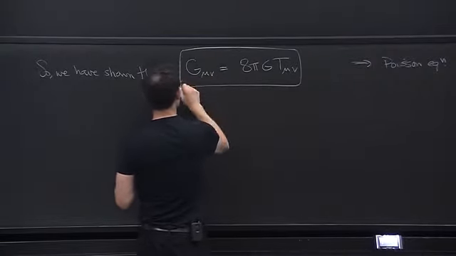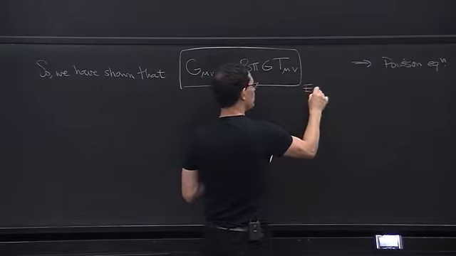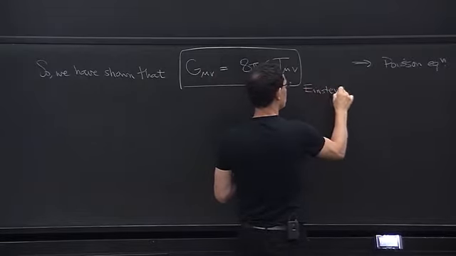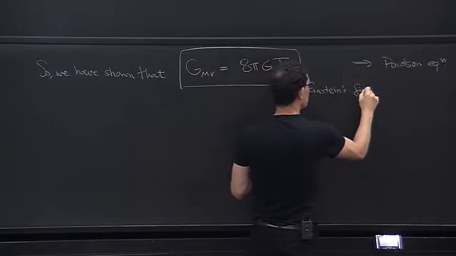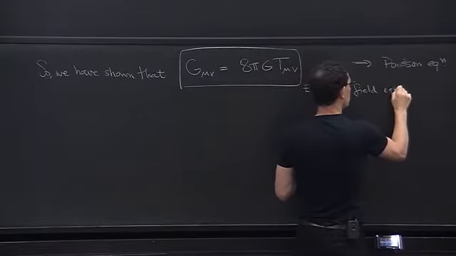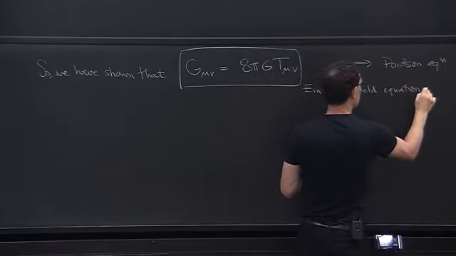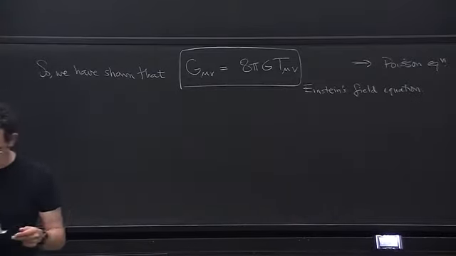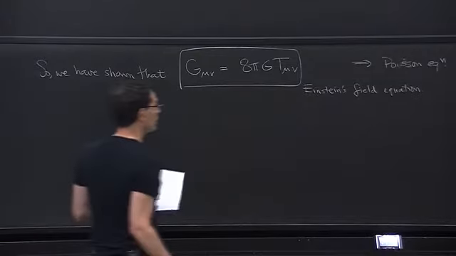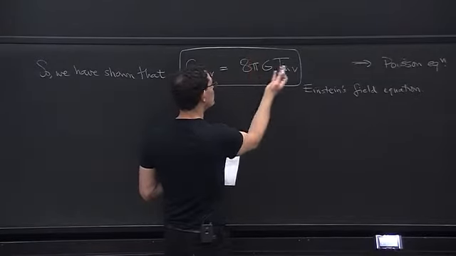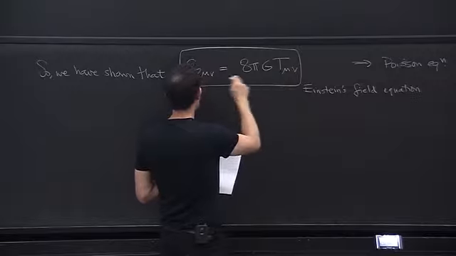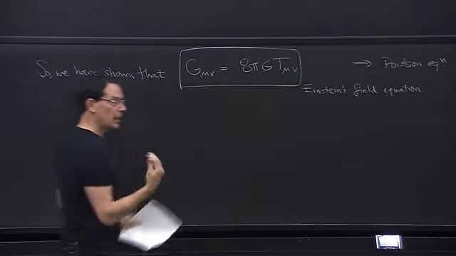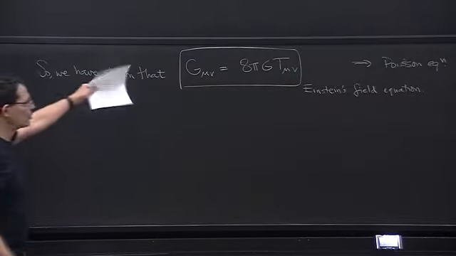Okay, so this is the Einstein field equation. I set the speed of light equal to 1. It's easy to put it back by units, bearing in mind T is an energy, and G is a... What are the units of G?